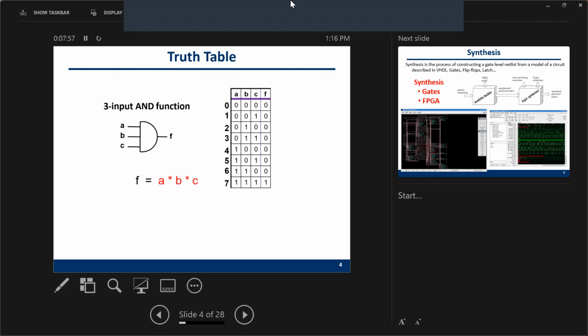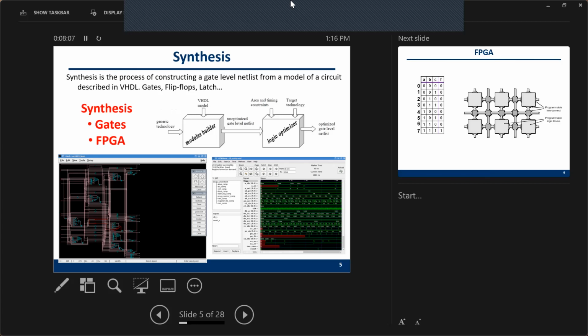But the real logic gate actually computes this Boolean equation. So when we write in a hardware language, we just describe the Boolean function of a piece of circuit.